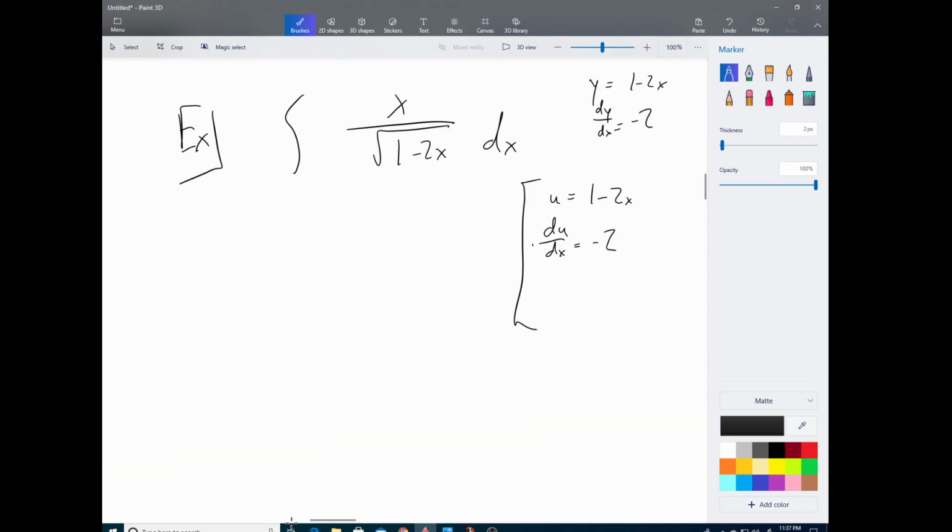All right. I use the differential form to find du is equal to -2 dx. I don't have the -2 anywhere in this problem. Not on the outside anyway. So I am going to need to move the constant over. And remember, it's really only constants you can do this with.